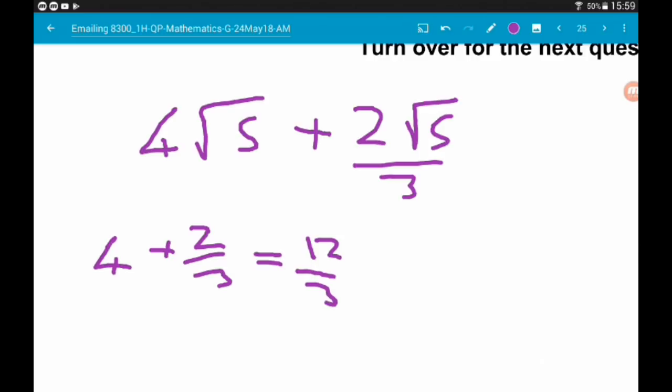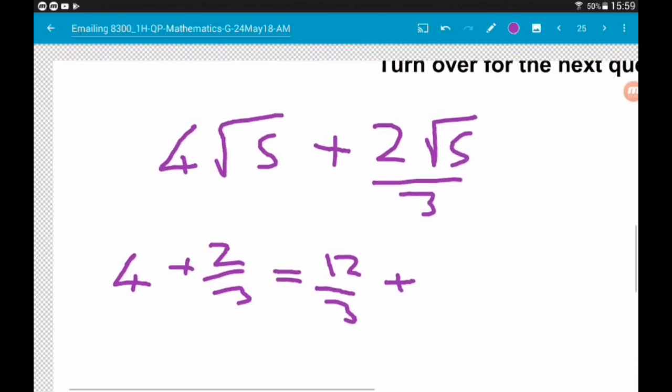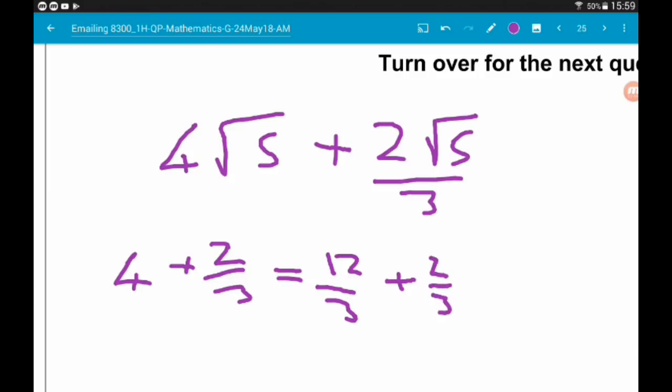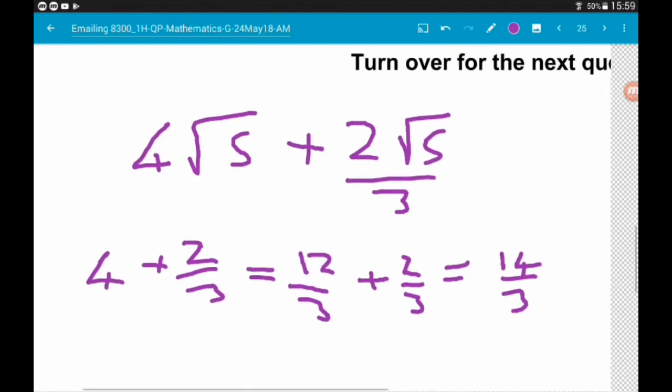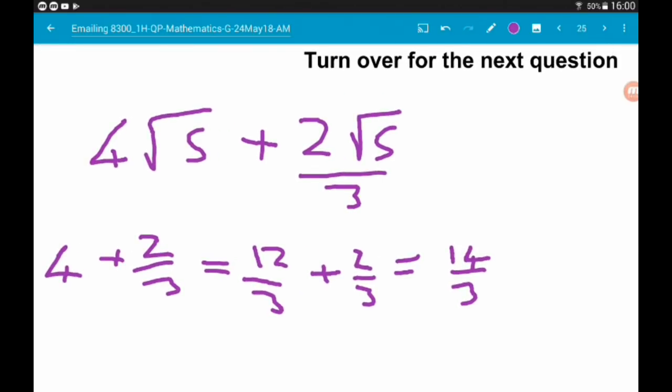So we got 12 thirds and 2 thirds. Now that's going to give us 14 thirds. So 4 root 5 add 2 thirds root 5 is 14 root 5 over 3, or 14 thirds root 5.